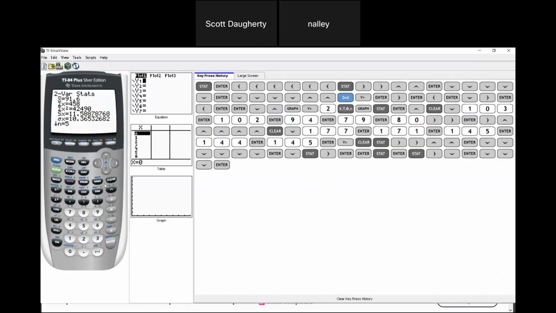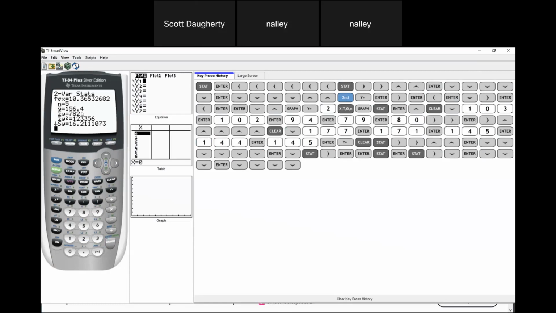Okay, so there you go. And if you scroll down, it gives you y bar. So this is the average of L2, right? So 156.4, that's the average of L2, which is what I wanted. So you could do it that way.